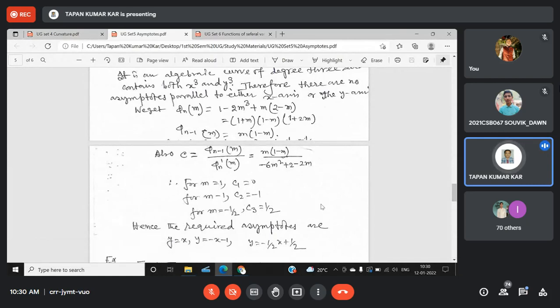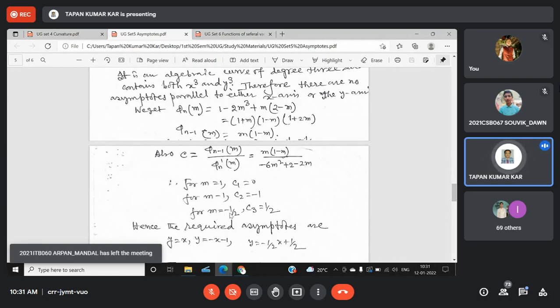And your asymptote is y equal to mx plus c. So y equal to mx, m equal to 1, c1 equal to 0, so y equal to x. Next, m equal to minus 1 and corresponding c2 equal to minus 1, so y equal to minus x minus 1.